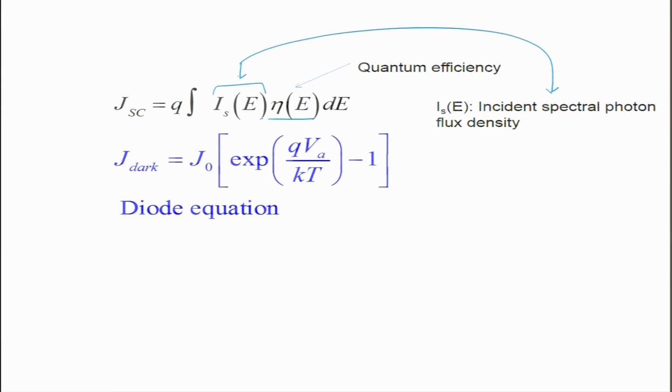Quantum efficiency will come from your current expressions. If your quantum efficiency is 1, then all the photons that you are able to capture will be converted to current. However, quantum efficiency is not equal to 1 in most cases. It is always lower than 1 because of losses inside the semiconductor.